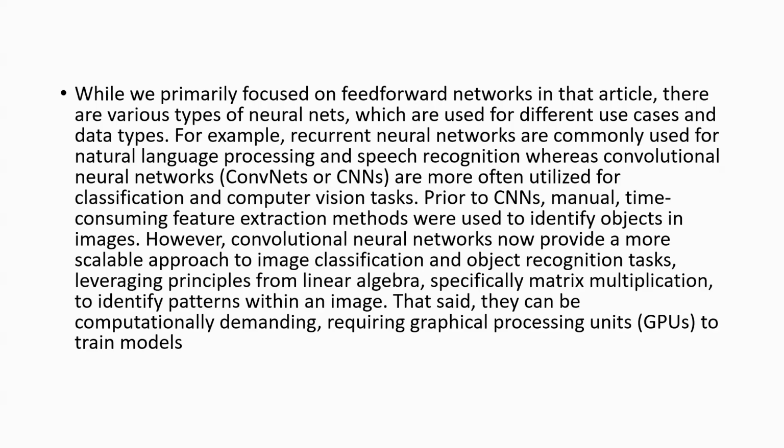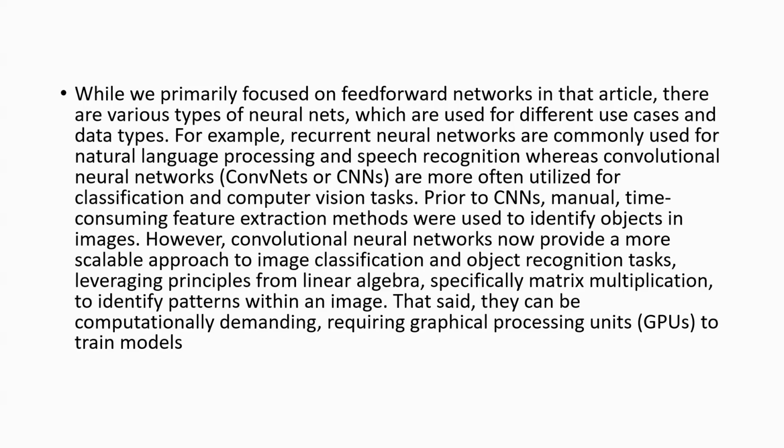For example, recurrent neural networks, called RNN, are commonly used for natural language processing, NLP, and speech recognition, whereas convolutional neural networks, ConvNet or CNN, are more often utilized for classification and computer vision tasks. Prior to CNNs, manual, time-consuming feature extraction methods were used to identify objects in images.